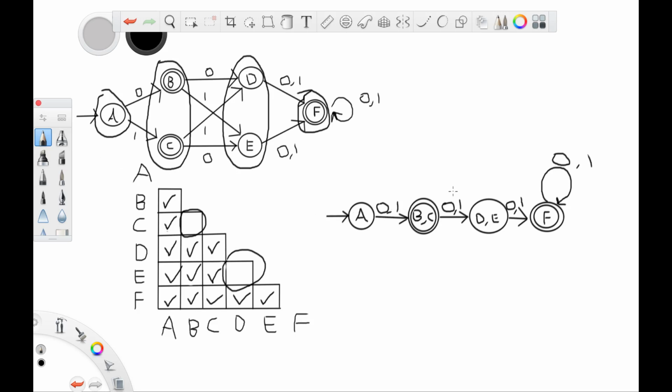So 1, 0 leads to DE, that's a non-finishing state. So you can see it accepts the same language. The same combinations of zeros and ones lead to the same either non-final or final states for both of these DFAs. So that's the basics of DFA minimization covered with a very basic example.